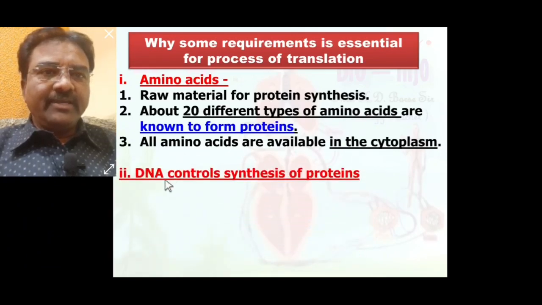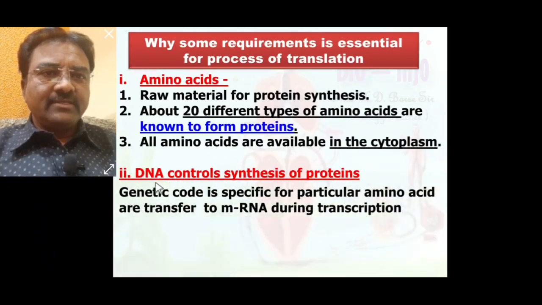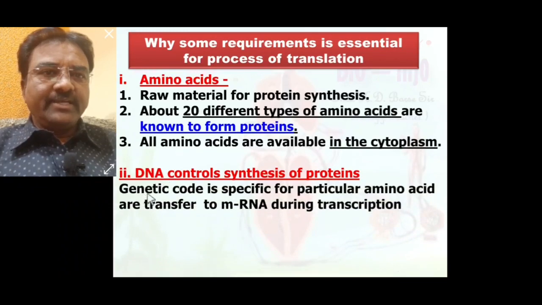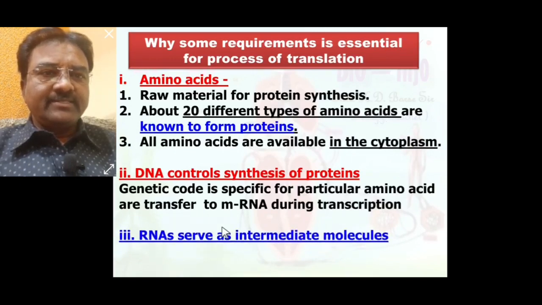Now, DNA controls the process of protein synthesis, because the genetic code specifying a particular amino acid is transferred to mRNA from DNA during transcription. So DNA controls the whole process of protein synthesis.